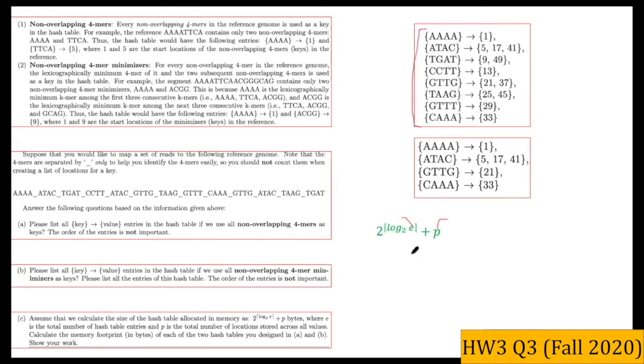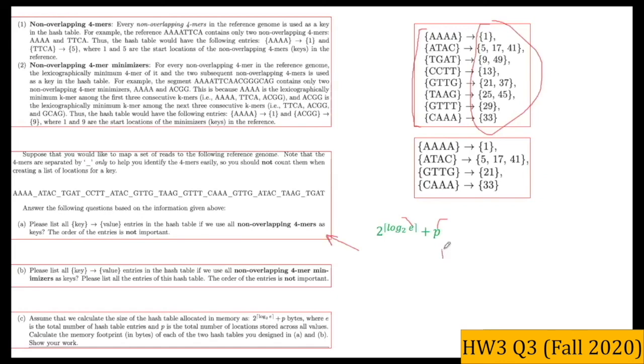So for A, to calculate the memory footprint for the first method, we need to substitute E with 8 and P with the number of locations stored in the second column here. How many locations do we have? 1, 2, 3, 4, 5, 6, 7, 8, 9, 10, 11, 12, 13.